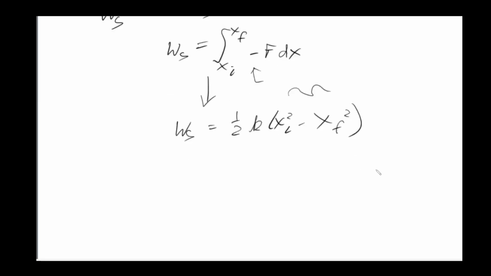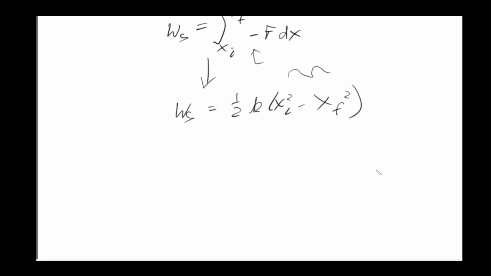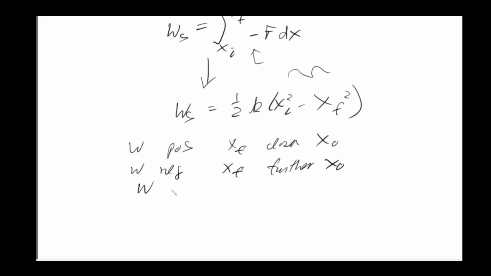So this tells us that the work is positive if the final position is closer to the initial position of rest x0, and work is negative if the final position is further away from x0, and work is 0 if the spring returns to x0.